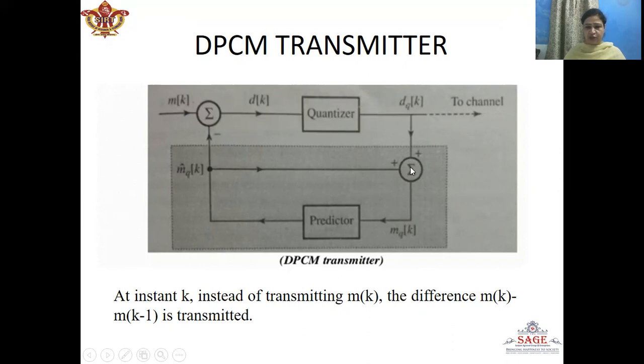Now, this d_qk will be added with the previous predicted value and will generate m_qk. This m_qk will be given to the predictor filter, and the predictor filter will generate the output, which will be compared with the next sampled version of the message signal.